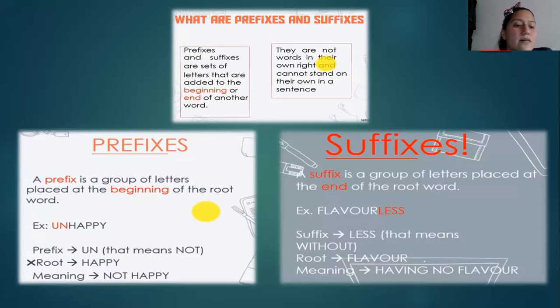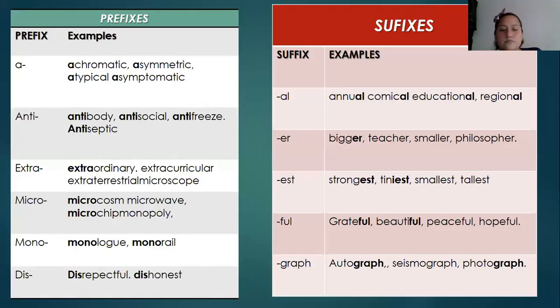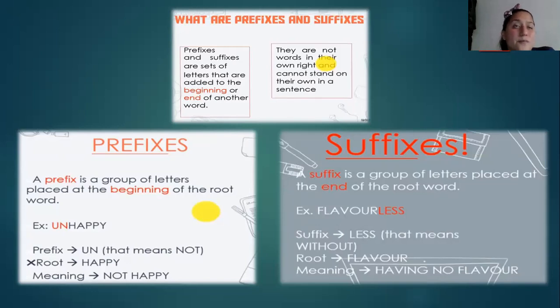So when we want to use the negative form, we are going to say unhappy. So this letter you are going to use before the word. This is called a prefix.